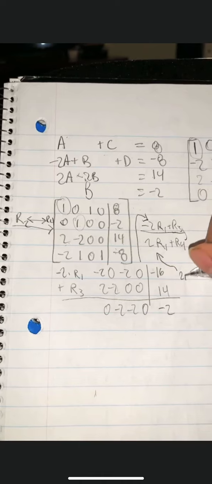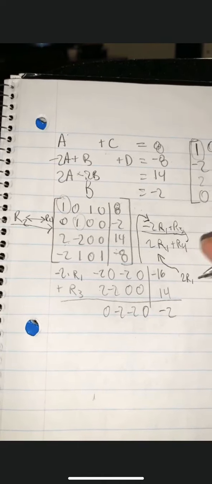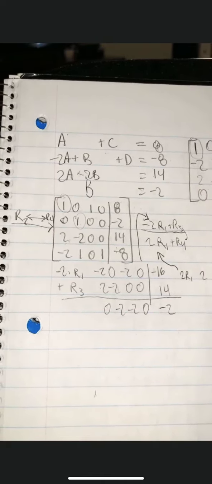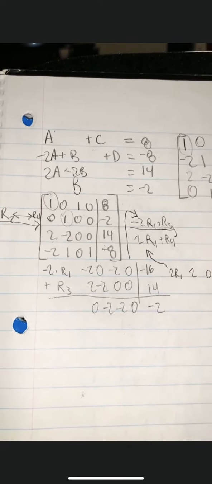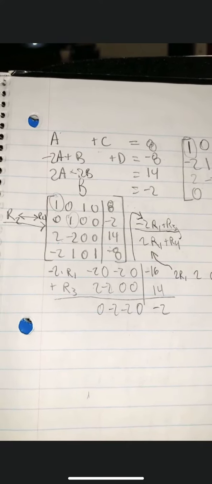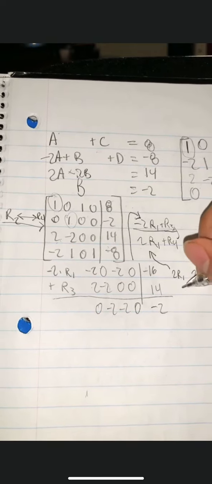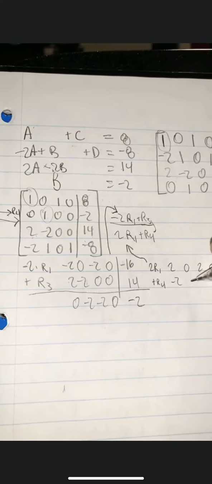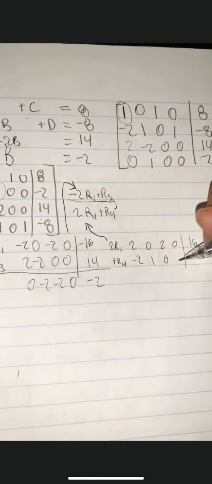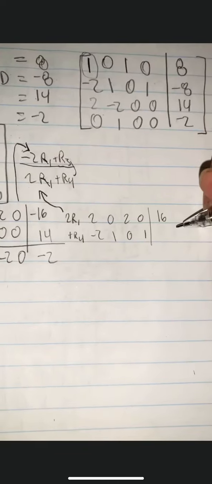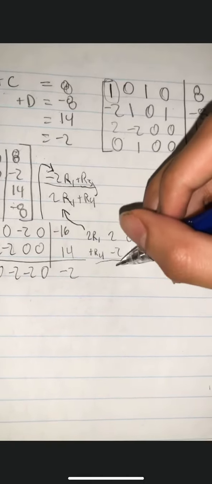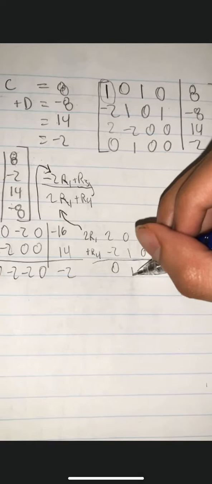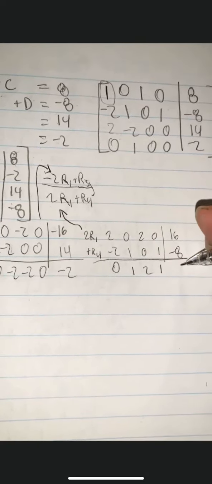So 2R1 will be 2, 0, 2, 0, and then 16, and then plus R4, which will look like -2, 1, 0, 1, and then -8. So we will be adding this together. So we end up with 0, 1, 2, 1, and 8.